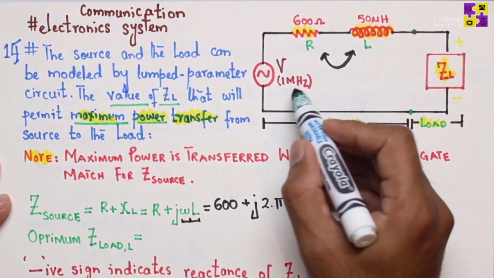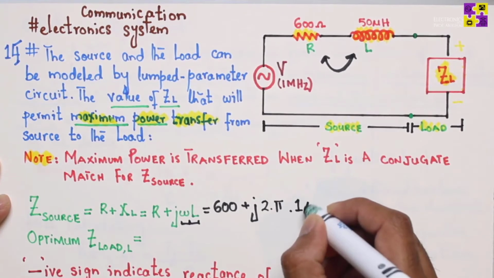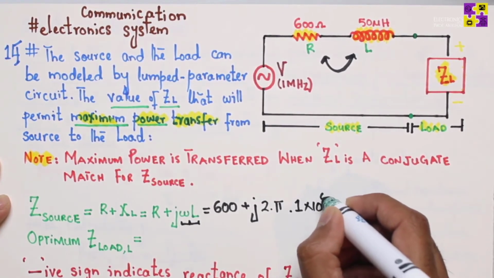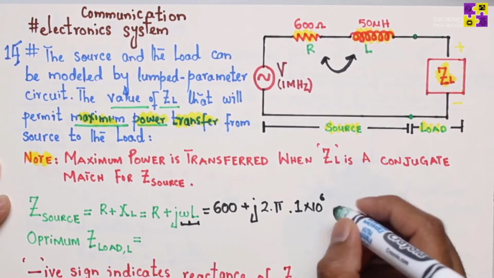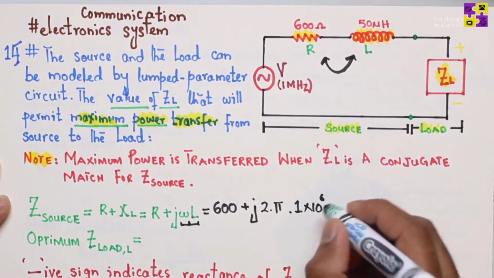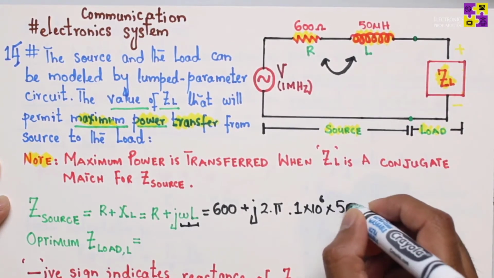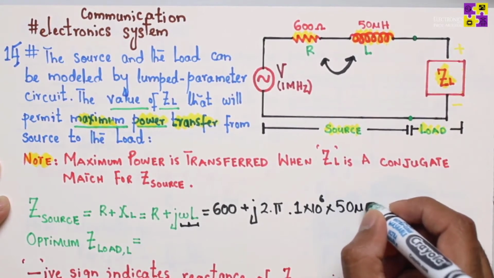The frequency here is given as 1 megahertz, so 1 times 10 to the power 6, 2 pi f, and L is simply 50 micro Henry, right?